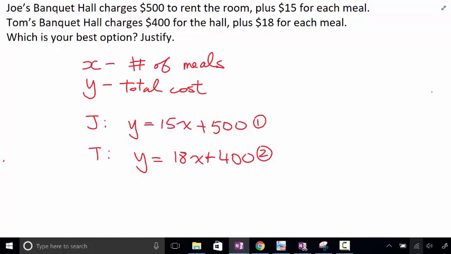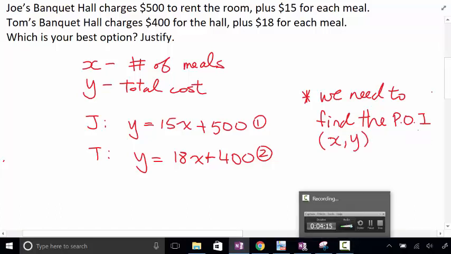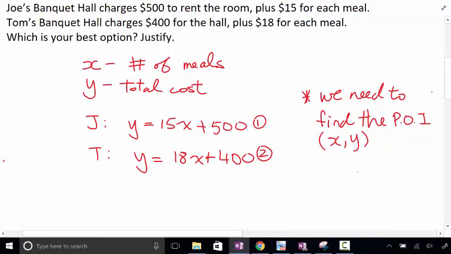So we need to find where these two lines come together, meet together. So let's write that down. We need to find the point of intersection, which is going to be an X and Y point. A point has two numbers, right? X value and Y value.